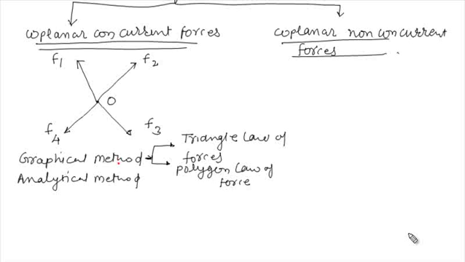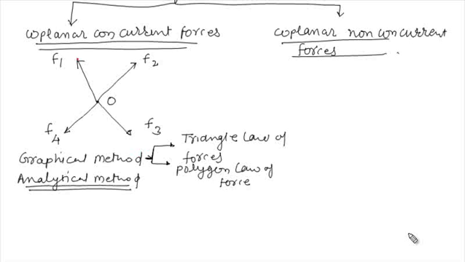But in our GET examination we want accurate results. We can get accurate results only by analytical methods because graphical methods use graphs and the chances of manual error will be more. So the result will vary from student to student. So we will not concentrate on the graphical method, but for our knowledge, I am just explaining these are the two graphical methods.